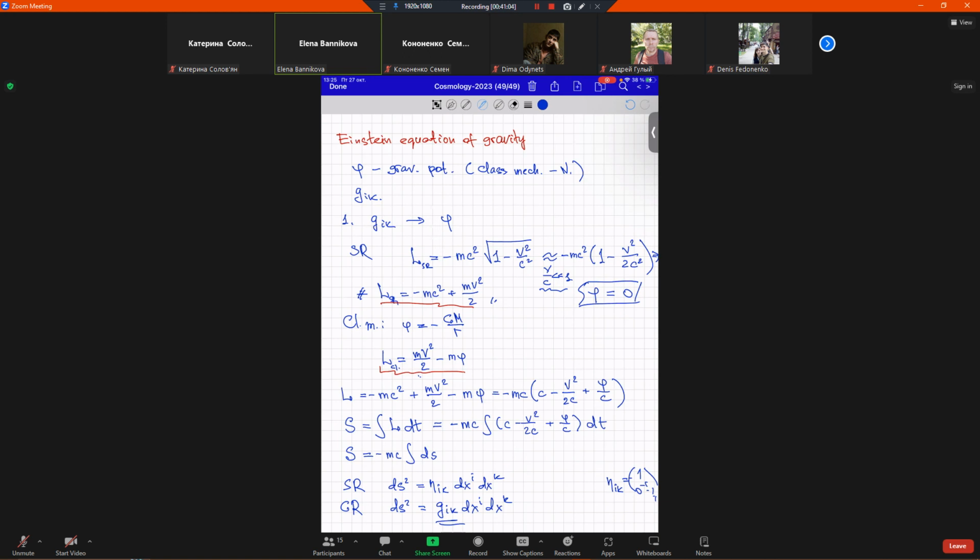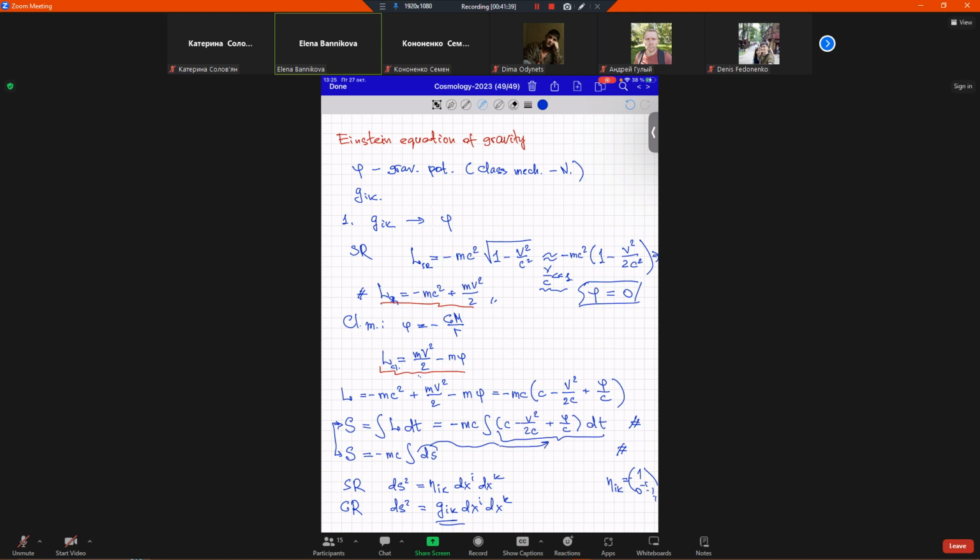If we now compare these two representations of the action, the one we constructed to join together classical mechanics and the expression through the gravitational potential, and the one using special relativity, we understand that ds will correspond to this part.